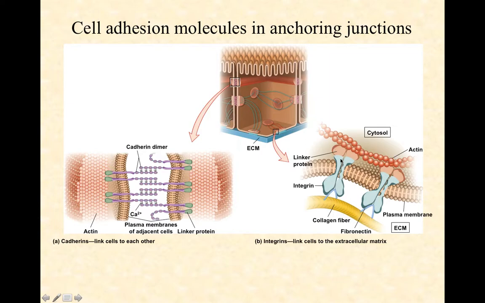Over here we've got integrins that you can see integrin membrane spanning here over on the right hand side, linking to the two collagen fibers by way of a protein called fibronectin. Collagen and fibronectin are extremely important molecules in disease, so they're worth getting familiar with. And then on the cytosolic side, we've got linker proteins attaching to actin.